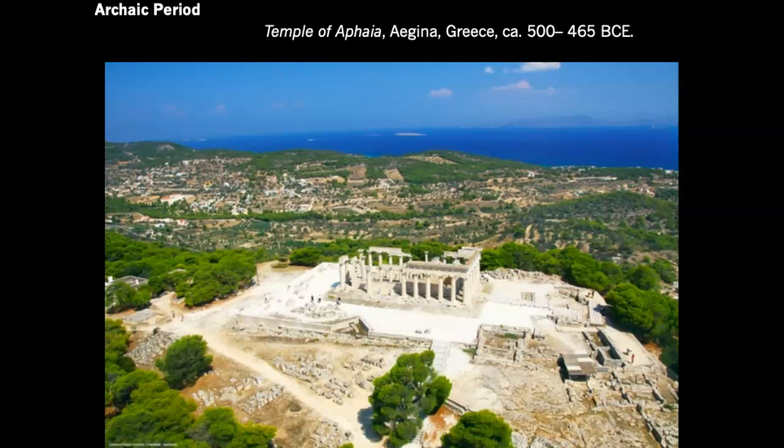And the temple here is to a minor goddess. Her name is Aphaia. She's more of a local goddess. I like this image because it helps you see there's Athens over there, and the temple is located on a natural outcrop of rock in the island of Aegina.